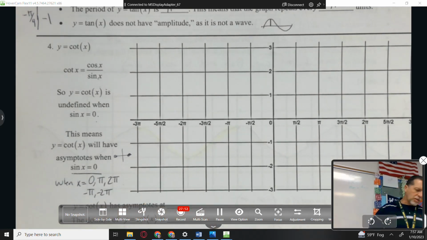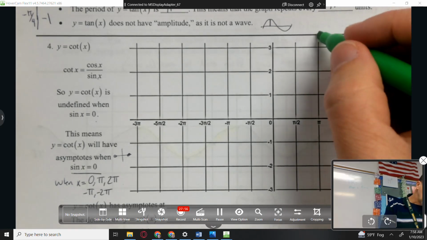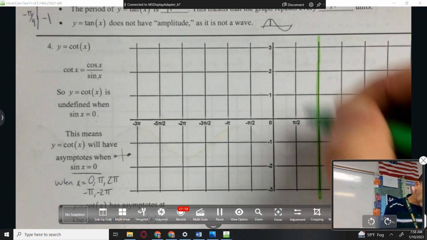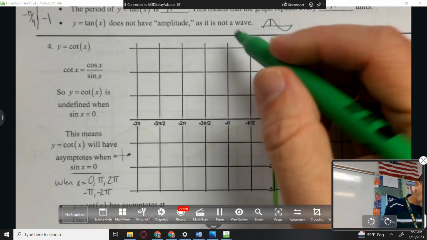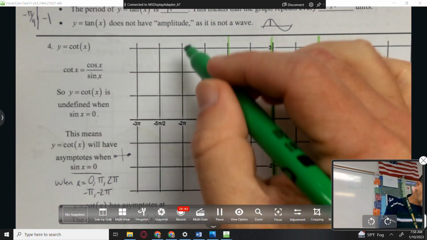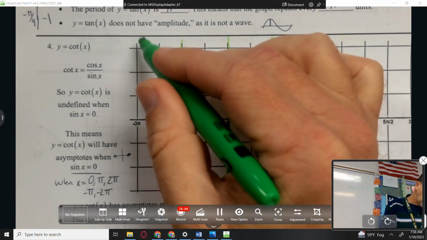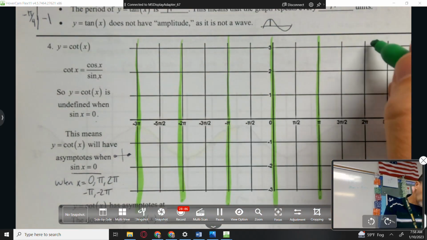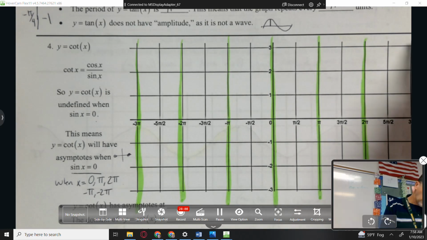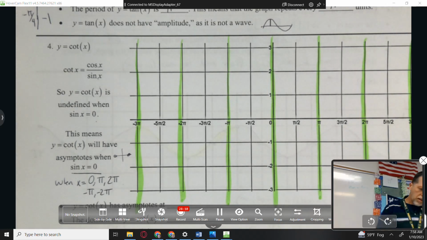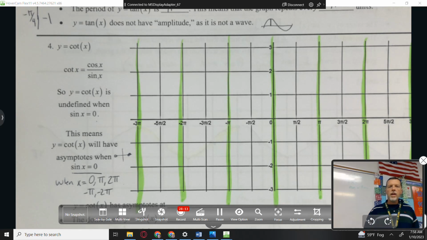So let's put asymptotes at all the pi's.